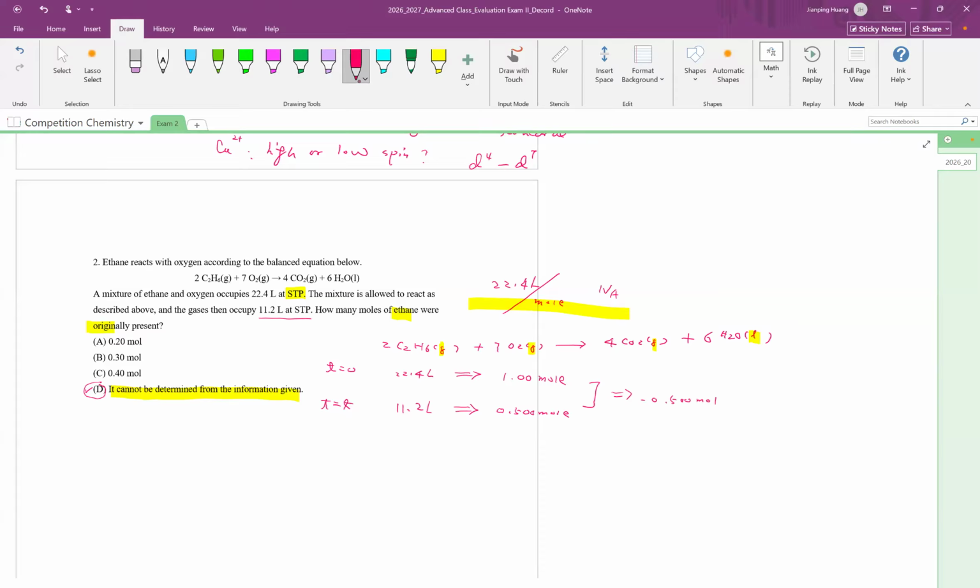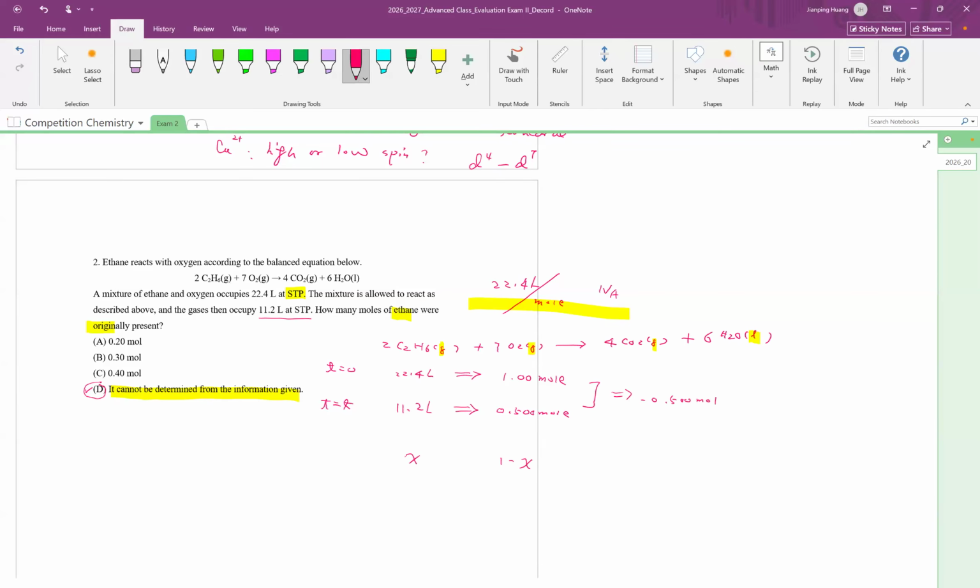So if we put a minus, right? If I said initially this one, ethane, is X, now oxygen should be 1 minus X mole.